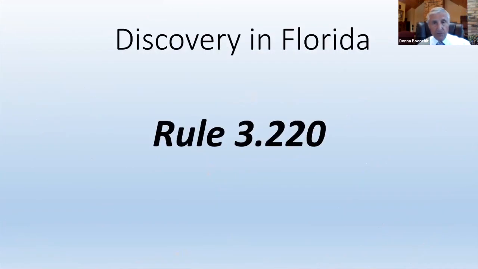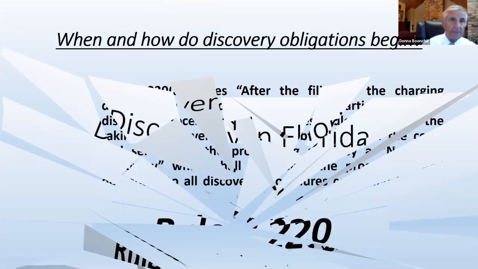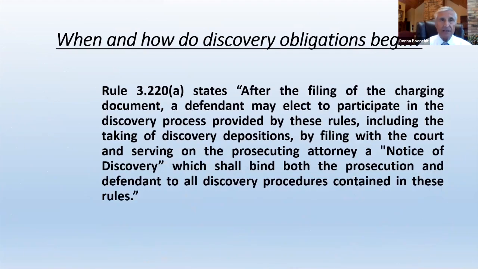Okay, let's go over 3.220 and some of the highlights of it. How and when do discovery obligations begin? Rule 3.220(a) states, quote, after the filing of the charging document, that's after the filing of the document, not just after arrest, a defendant may elect to participate in the discovery process provided by these rules, including the taking of discovery depositions, by filing with the court and serving on the prosecuting attorney a, quote, notice of discovery, unquote, which shall bind both the prosecution and defendant to all discovery procedures contained within these rules.